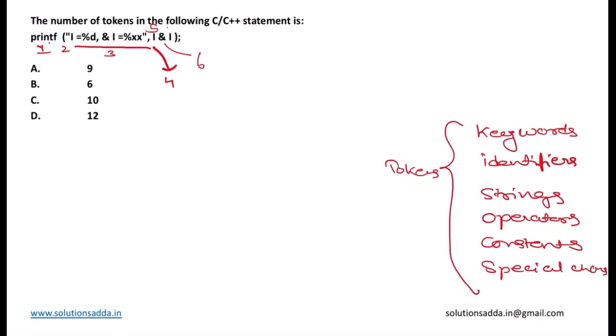Again this i is the seventh token. Closing parenthesis is the eighth token. And semicolon is the ninth token. So basically there are 9 tokens in this statement. The correct answer for this question is option A, 9.